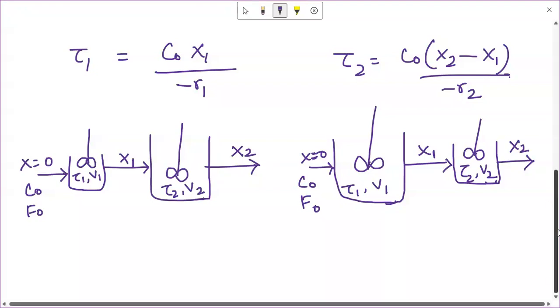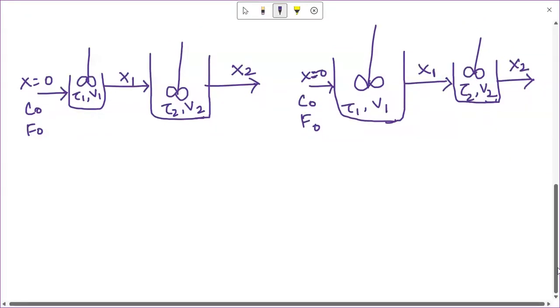For that, if you remember the graphical procedure for determining the size of the mixed flow reactor, we simply draw a plot where on the x-axis we have conversion x, and on the y-axis we have minus 1 by r, that is the reciprocal of the rate expression.